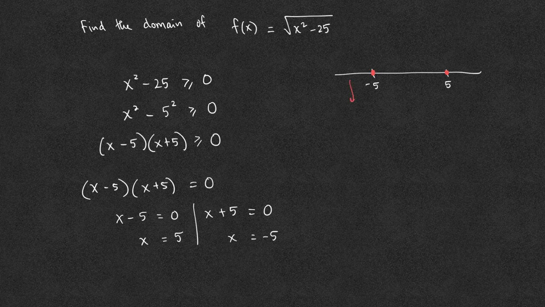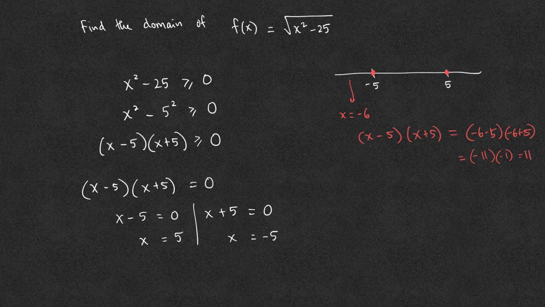So in this interval, I'm going to pick a number on the left-hand side of negative 5. You can pick negative 6, negative 7, any number, negative 100 even. If I plug in x equals negative 6 into the inequality, I see that x minus 5 times x plus 5 becomes negative 6 minus 5 times negative 6 plus 5, which is negative 11 times negative 1, which is positive 11.